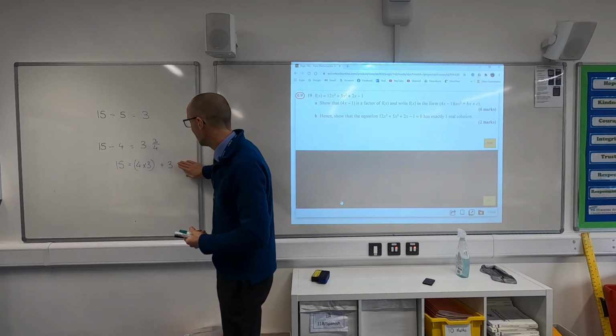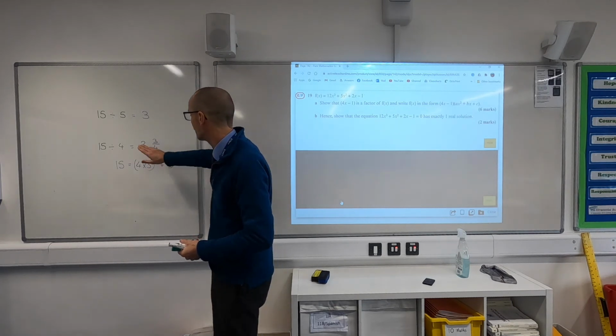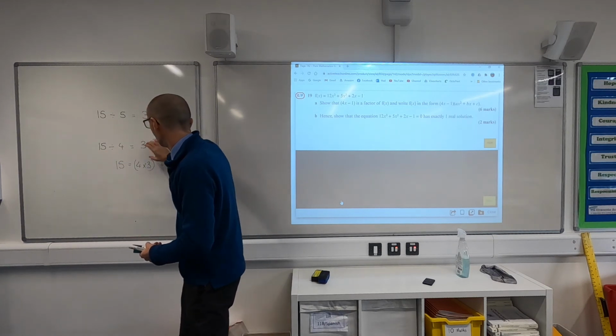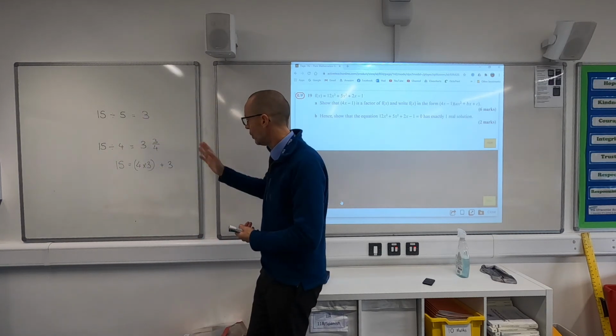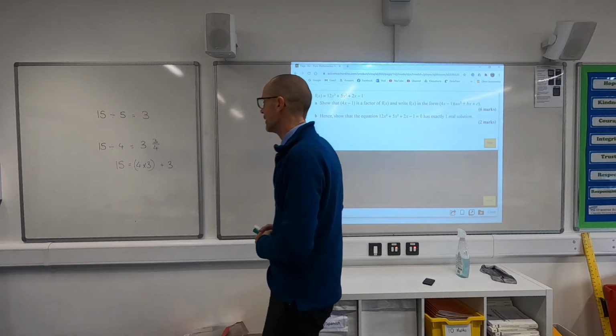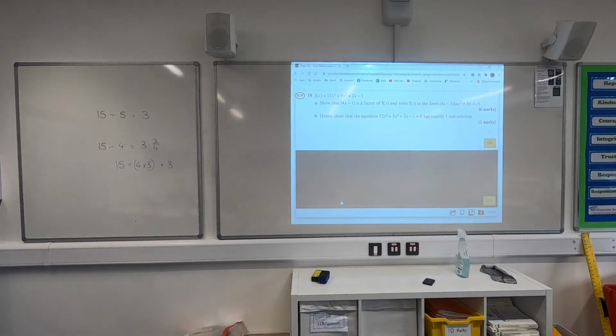These are the 2 key ways, I think. 15 divided by 4 is 3 with 3 left over, and that's 3 towards the next whole 4, so it's 3 3/4. Or 15 is 4 times 3, and then you've got 3 left over. So let's have a look at the algebraic equivalent of that, which we will find on page 142, question 8.